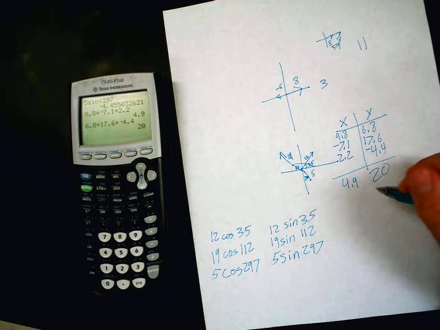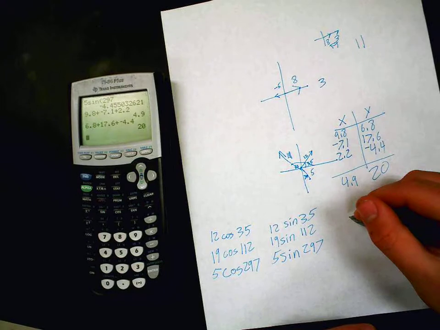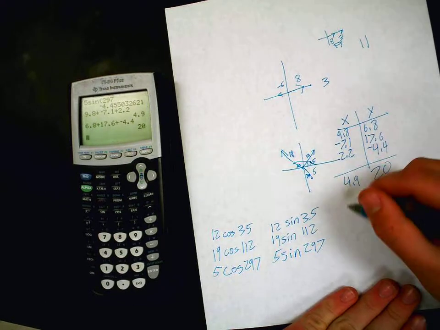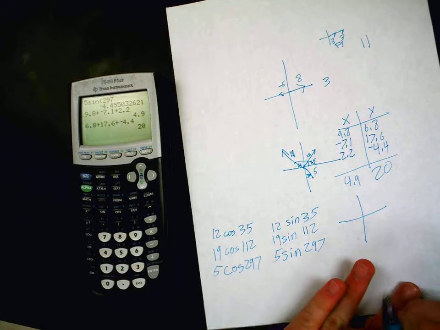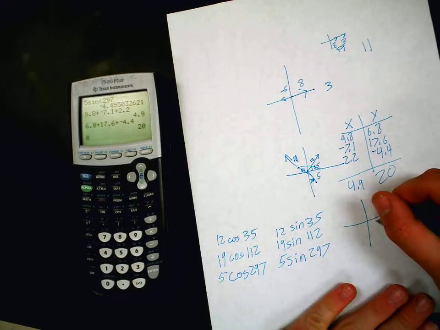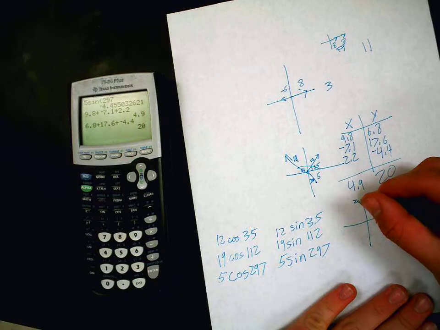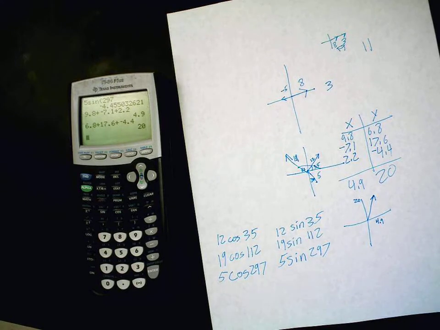So we need to find our angle. The result of that gnarly mess of metal physics is something with 4.9 for the x coordinate and 20 for the y, and it is this line from the origin to there.